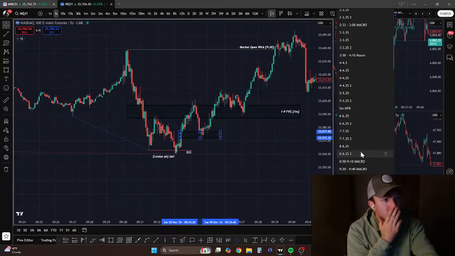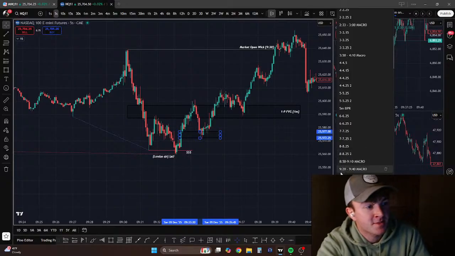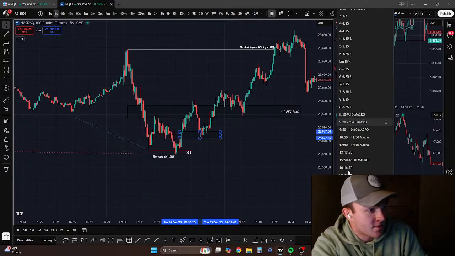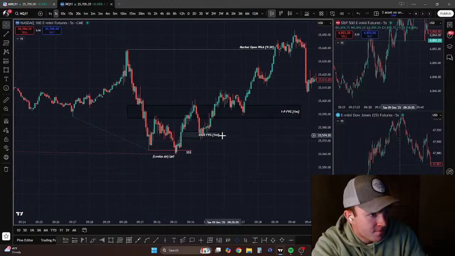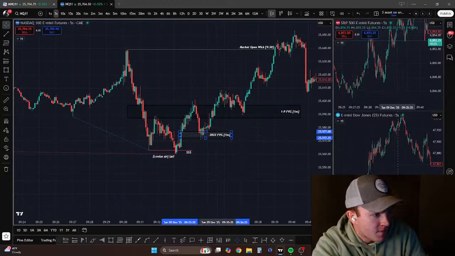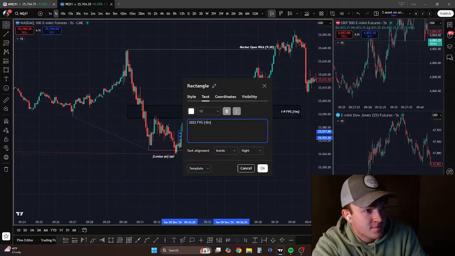So sometimes you do have to be paying attention on the low time frame, seeing, hey, are we getting a 2022 model? Oh, it was a 5-second one. Yeah, that's crazy.